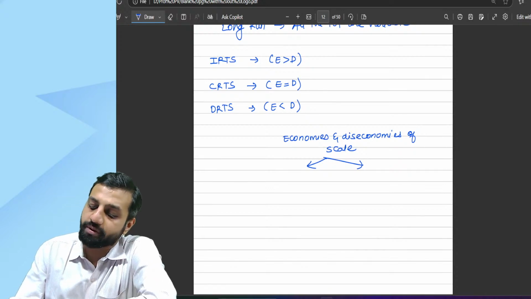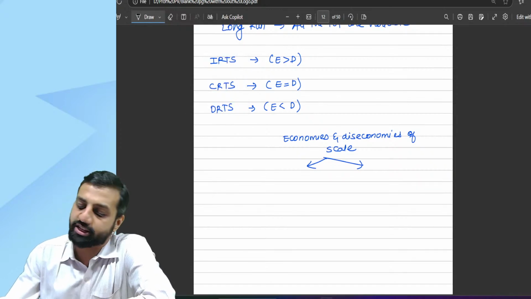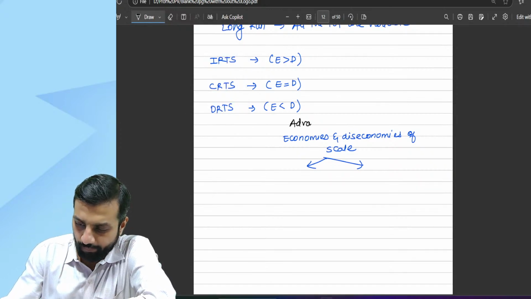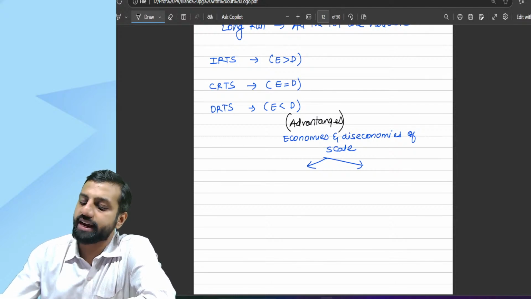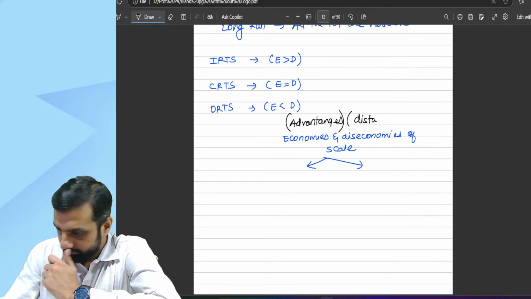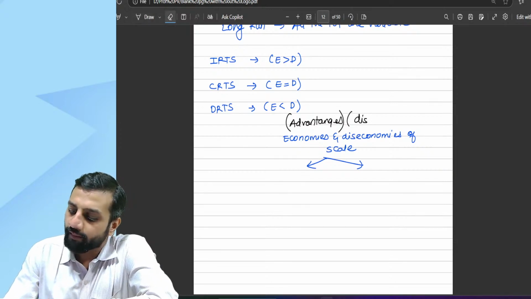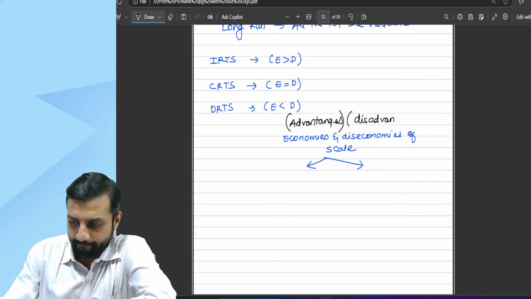Economies and diseconomies in simple language mean advantages and disadvantages. So what are economies? Advantages. What are diseconomies? Diseconomies are disadvantages.